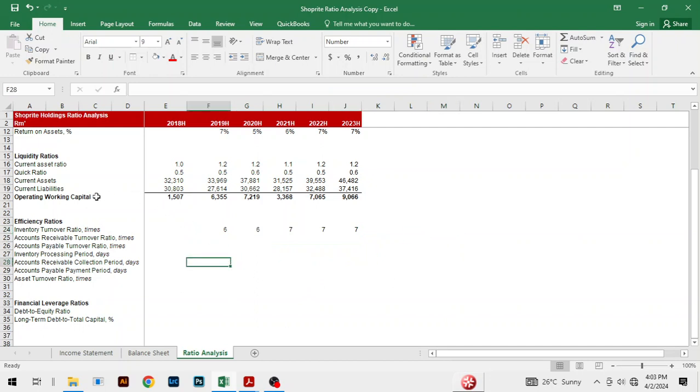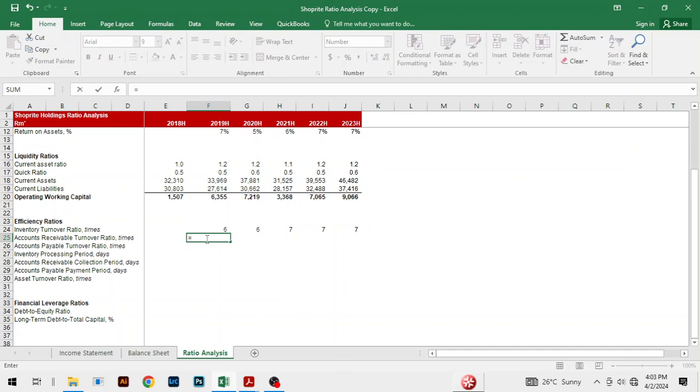So on average we are saying Shoprite Holdings replenishes its inventory at a constant of about seven times. Okay, 7 times per year, right? Because these are yearly figures. Okay, so let's see how many times Shoprite Holdings collects money from its customers.